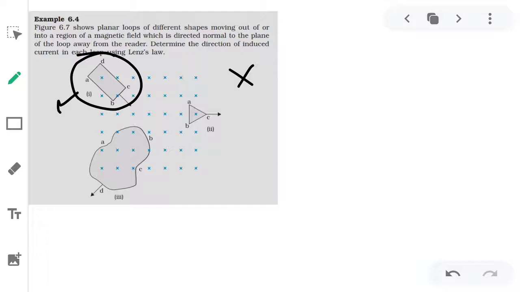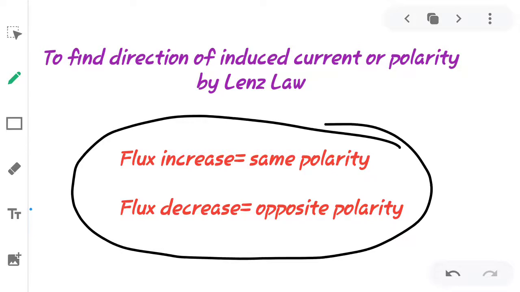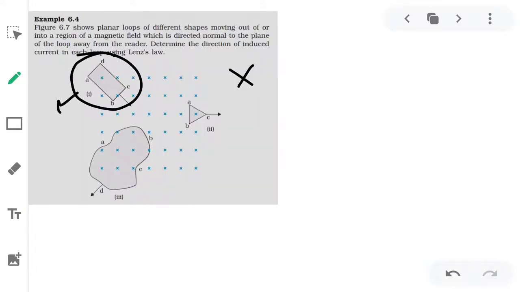Now we know very well from the previous video, these 2 points are very important for the numericals. Whenever flux increases, the same polarity is induced, and if flux decreases, the opposite polarity is induced. So in this case, flux is increasing, which means same polarity. North is above the board, so on this loop, whatever side is entering, a north pole must form.